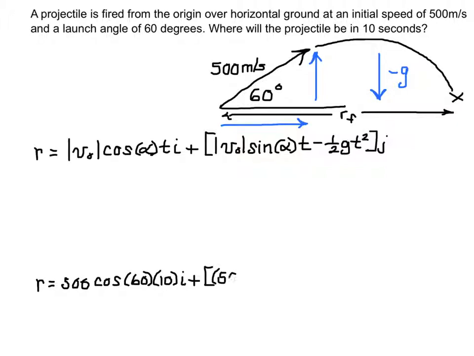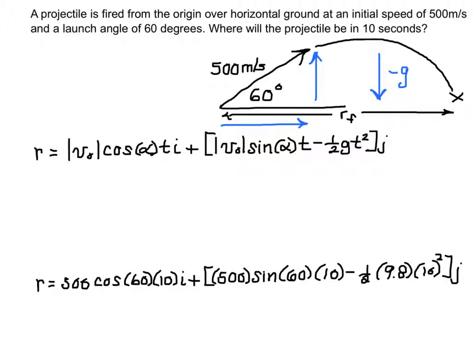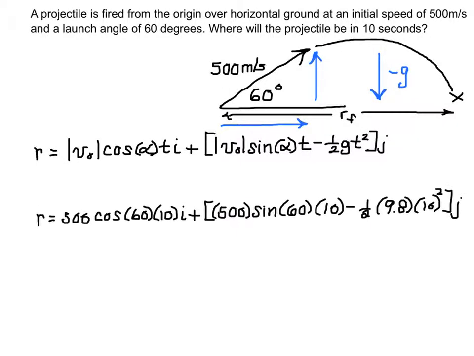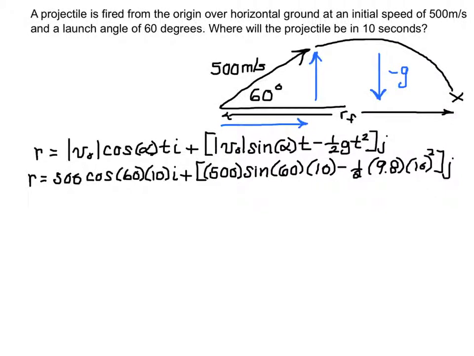Our initial velocity is 500 meters per second, times the sine of the angle 60, times a time of 10 seconds, minus 1/2, and our gravity is 9.8 meters per second squared, and our time is 10 seconds, and we square that, and that's in the j direction. So let's move that up, and let's figure this out.